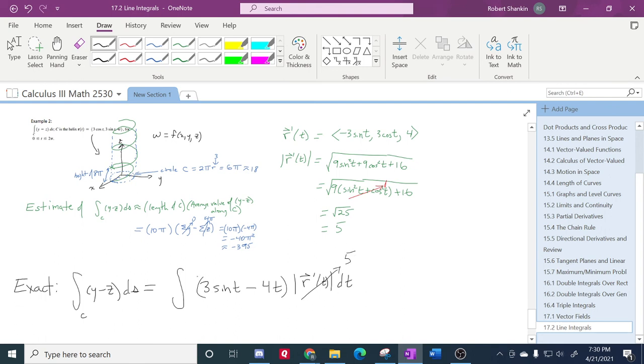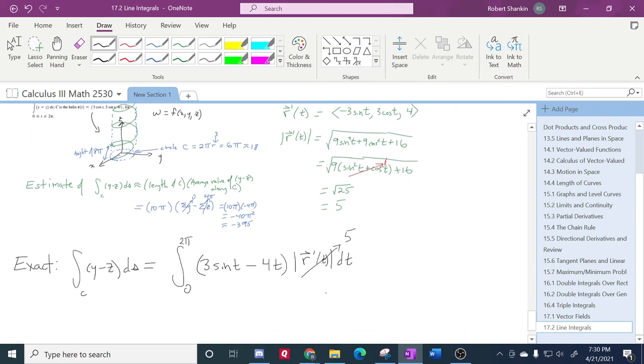And then we use this parameterization of c to replace y and z with this and this, and then we're just going to be taking t from 0 to 2 pi.